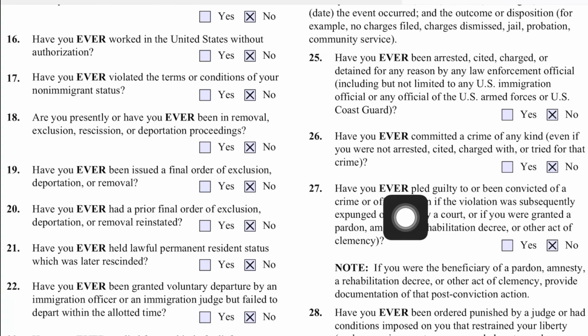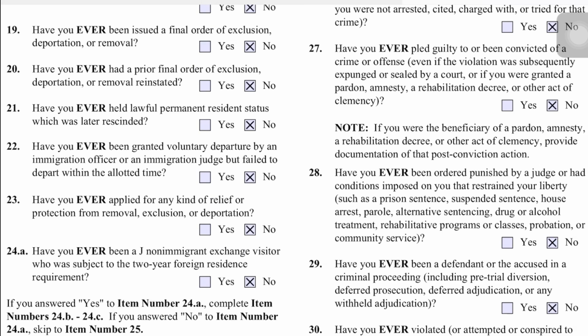I put no. Have you ever pled guilty to or been convicted of a crime or offense, even if the violation was subsequently expunged or sealed by the court, or if you were granted a pardon, amnesty, a rehabilitation decree, or other act of clemency? I put no.